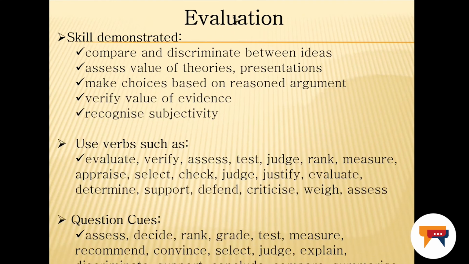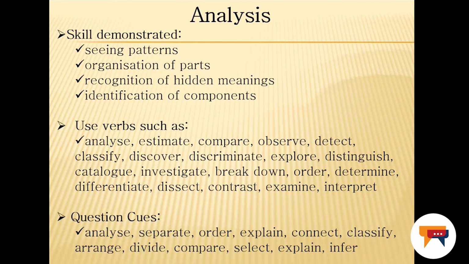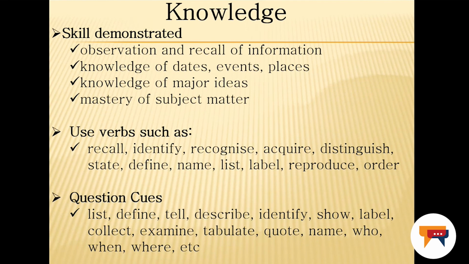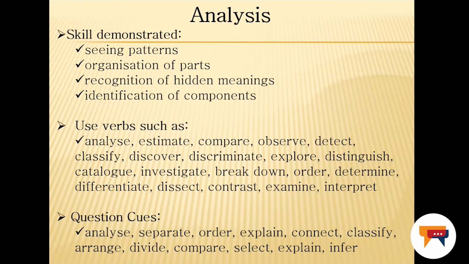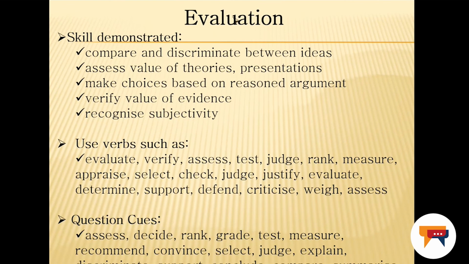We could use verbs such as evaluate, verify, assess, to test, judge, rank, measure, appraise, select, check, justify, determine, support, defend, criticize, weigh, assess. Those are the 6 different levels of Bloom's taxonomy: knowledge, comprehension, application, analysis, synthesis, and evaluation.